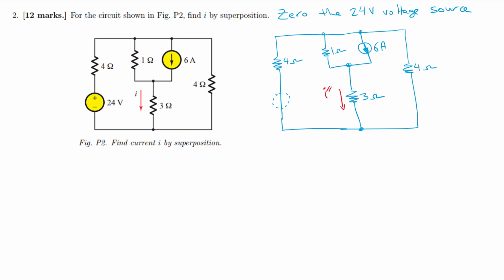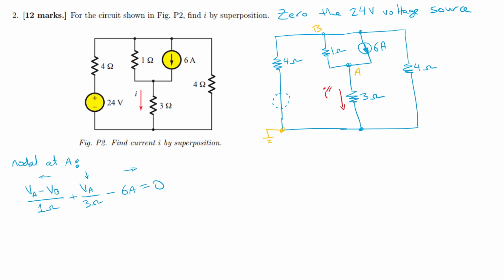Okay? So then how do we do this? I'm thinking that I would like to use node voltage. So then I can designate my reference node and label my nodes A and B, and I can do nodal analysis at A. So then going to the left, I've got VA minus VB over 1 ohm, okay?